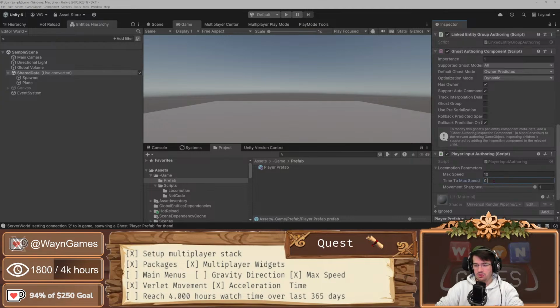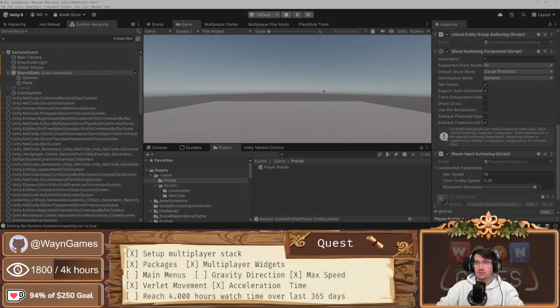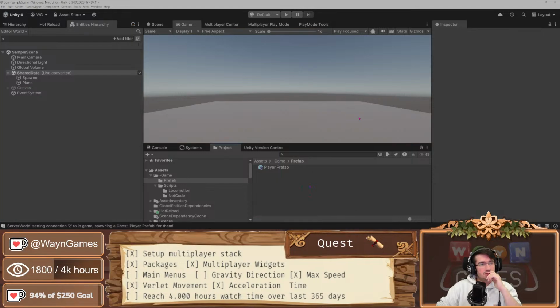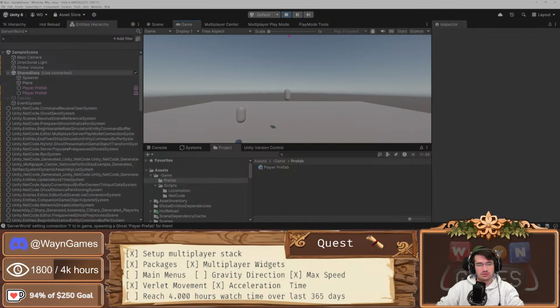Maybe the quantization is too low. It was 0.25. Don't remember. Yeah, there is something here. It's teleporting. Let me try to, because what is the value for? It's not doing it anymore now. What?